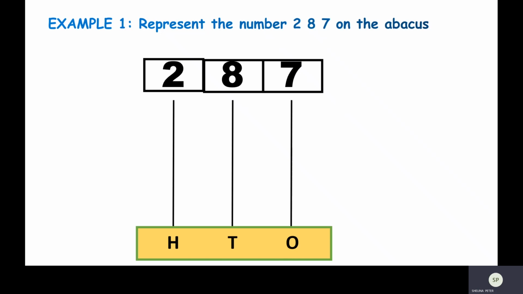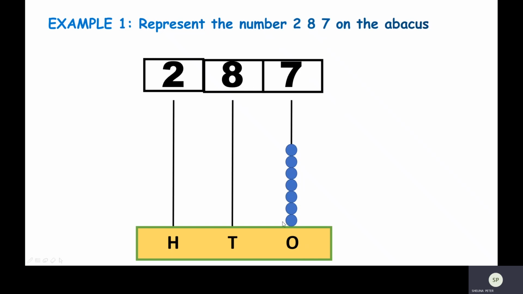We have to represent this number using beads. So let us start from the right hand side of the abacus, that is from the 1's place. How many beads will we use? We will see the number here and we will count and write. So 1, 2, 3, 4, 5, 6, 7 beads.